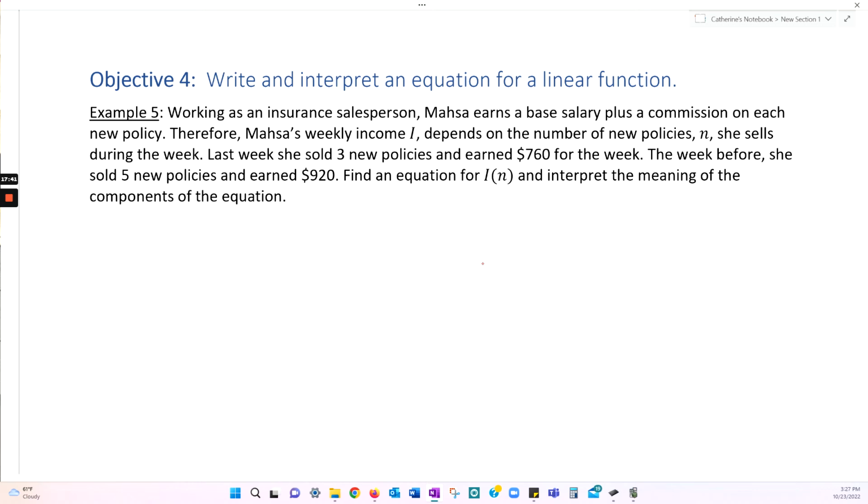Last week, she sold 3 new policies and earned $760 for the week. Let's write that as a point: 3, 760. The week before, she sold 5 new policies and earned $920. So 5, 920. Find an equation for I of n and interpret the meaning of the components of the equation.